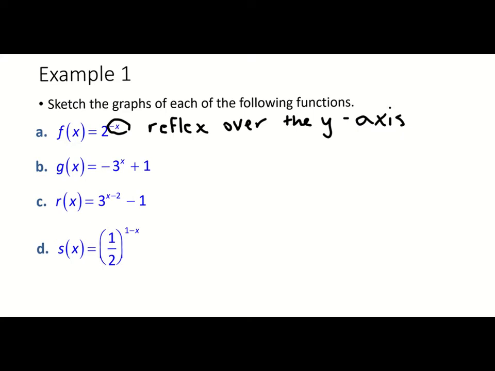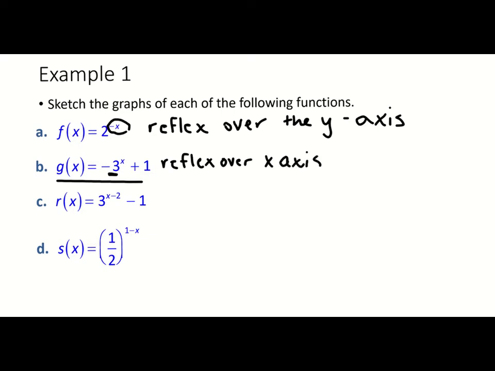Okay, now, the difference, if we look at g of x here, we have negative 3 to the x power plus 1. Remember that negative, when it's outside there on that whole power, the negative means it's going to reflect. This time, instead of over the y-axis, it's going to reflect over the x-axis.